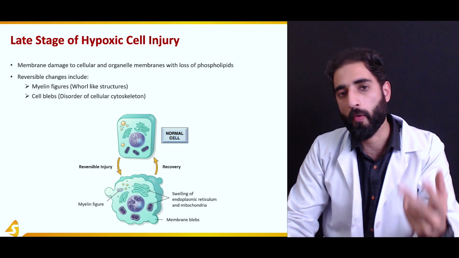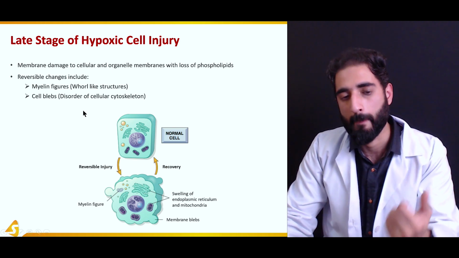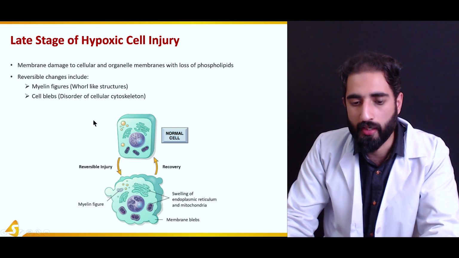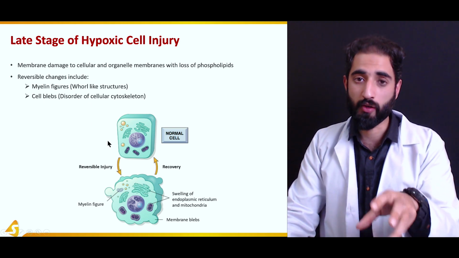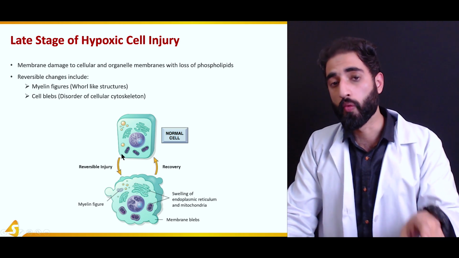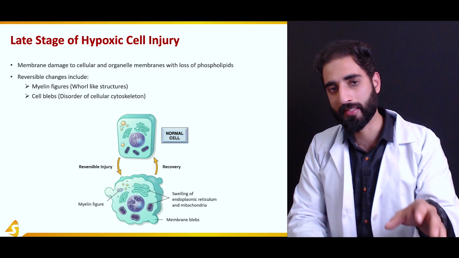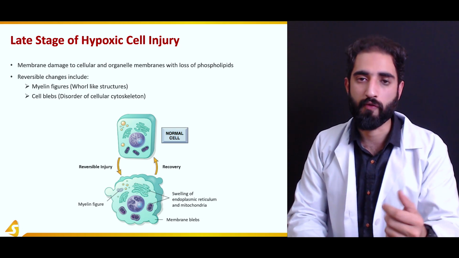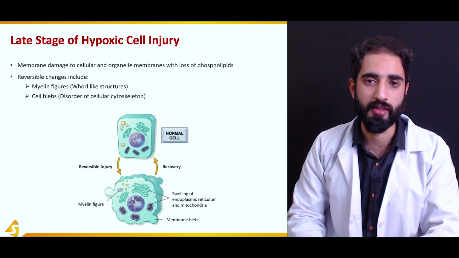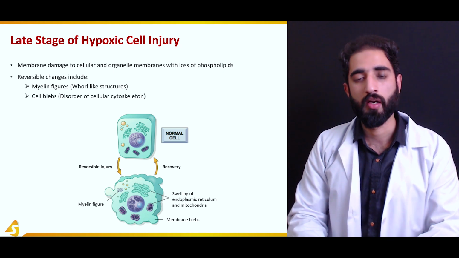So the important manifestations are membrane damage, myelin figures, and cell blebs. But the good thing is that these are reversible phenomena. If hypoxia is relieved by an ample supply of oxygen, then these changes can be reversed.